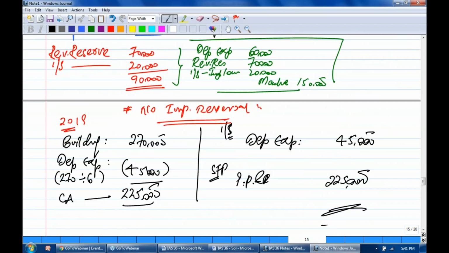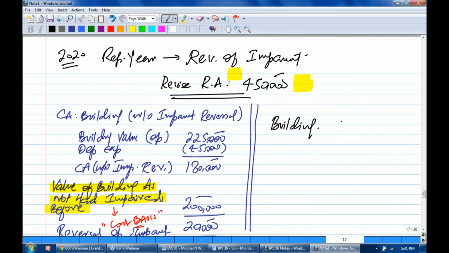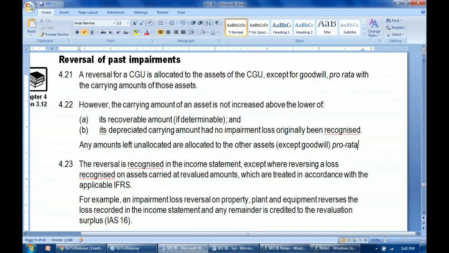So till the value of 70,000, we will only use the revaluation reserve. And that is the concept discussed in this paragraph.